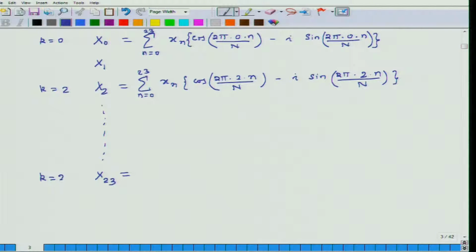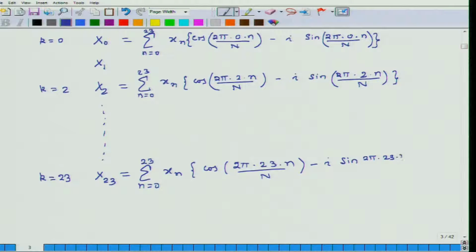So this is for k equals 23. If I plug in the value of k equals 23, I get X23, and that is equal to summation n equals 0 to 23 xn cosine of 2 pi times 23 times n over N minus i sine 2 pi times 23 times n over N. So, that is the thing.